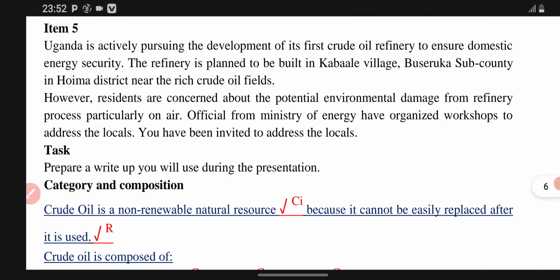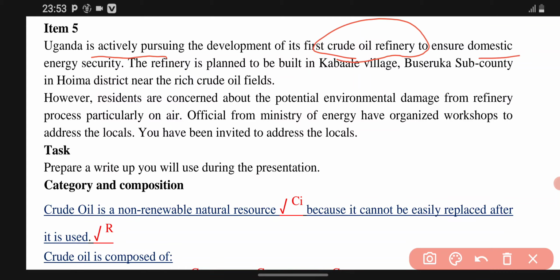Now, today let's look at item 5. Let's read through item 5. We are saying Uganda is actively pursuing the development of the first crude oil refinery to ensure domestic energy security.